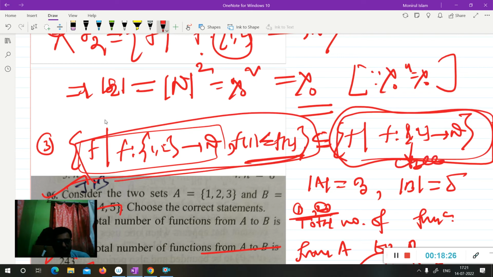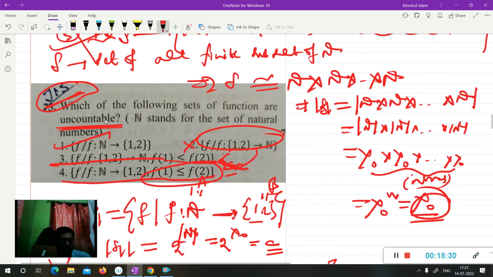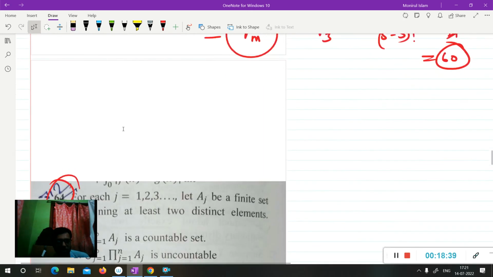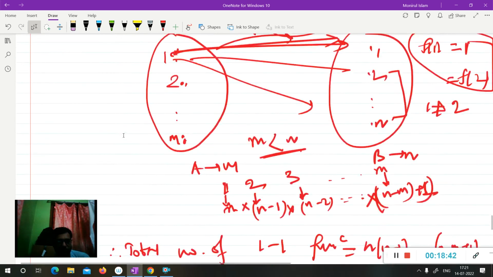So option 3 is a subset of a countable set, so it's countable, and we will discard option 3, right? Now option 4. This is an uncountable set because, look, what is option 4?